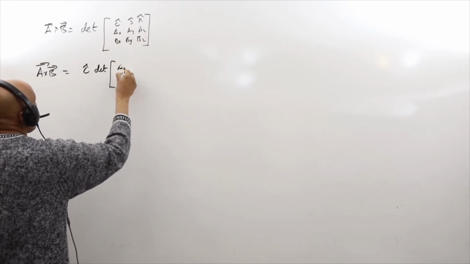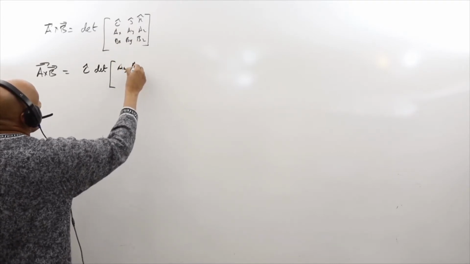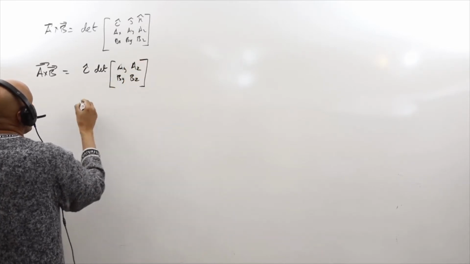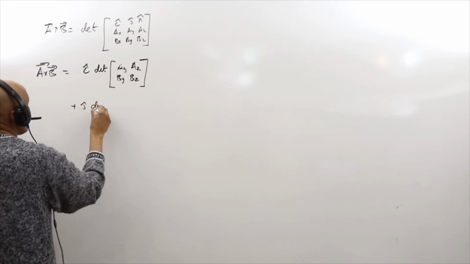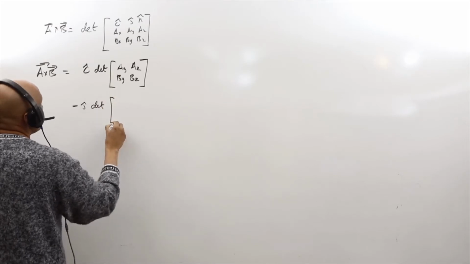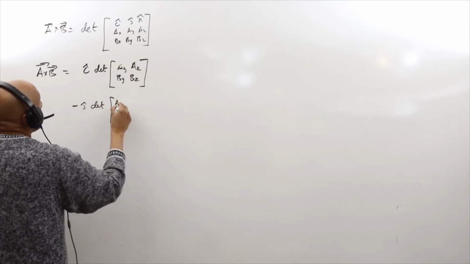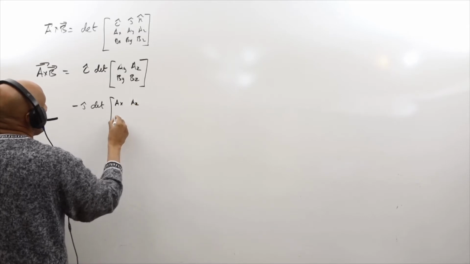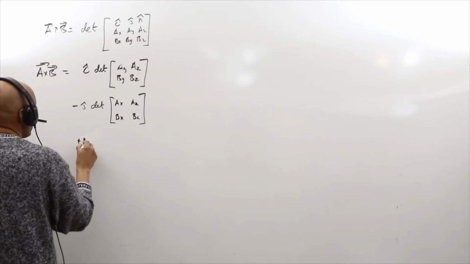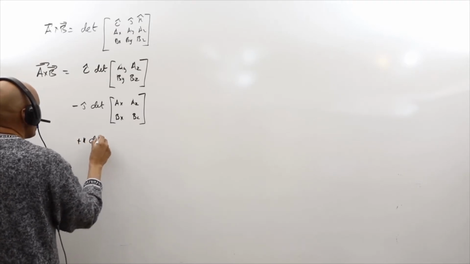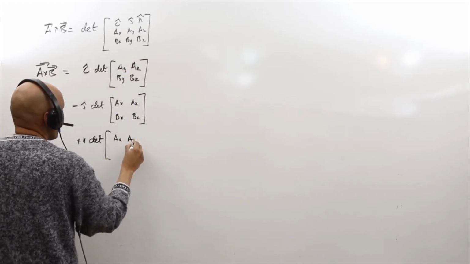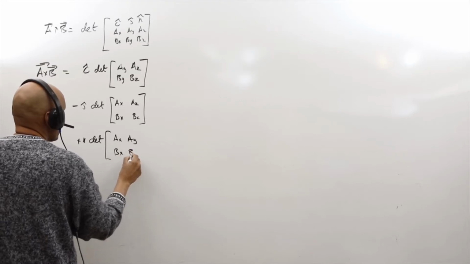So this is Ay, Az, By, Bz, plus j vector, which is actually minus, there's a minus sign. So j times the determinant of Ax, Az, Bx, Bz, and plus k times the determinant of Ax, Ay, Bx, By.